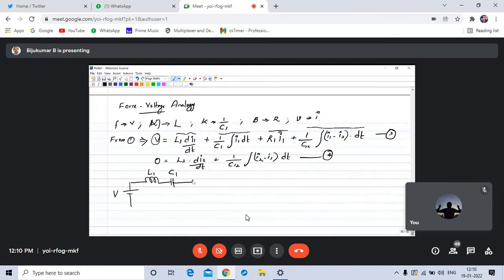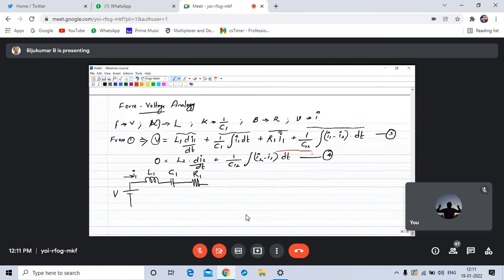Again R1. Why are all in series? Because for L1, C1 and R1, the current flowing through the circuit is only I1, right? So since the same current I1 is flowing through all three elements, we can connect V, L1, C1, R1 all in series, right?